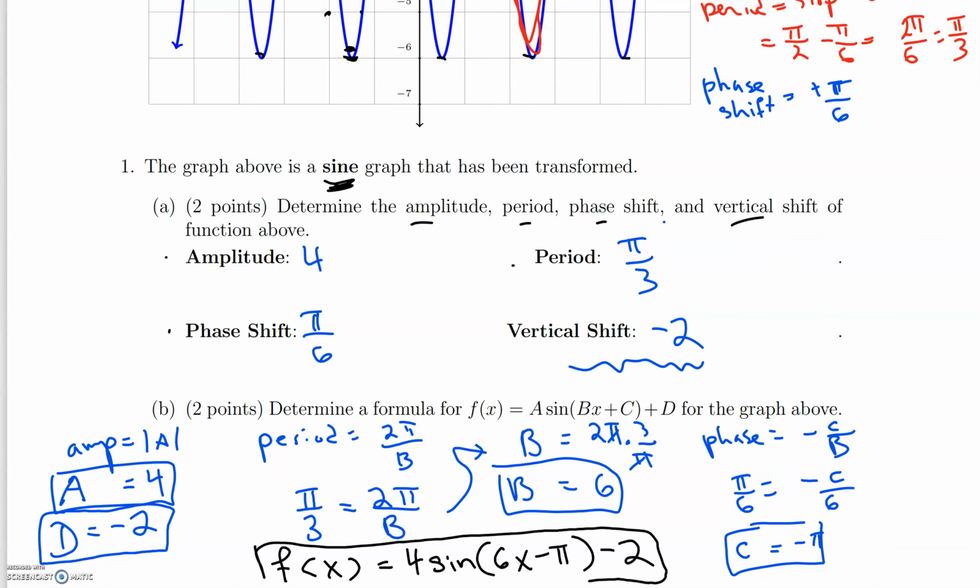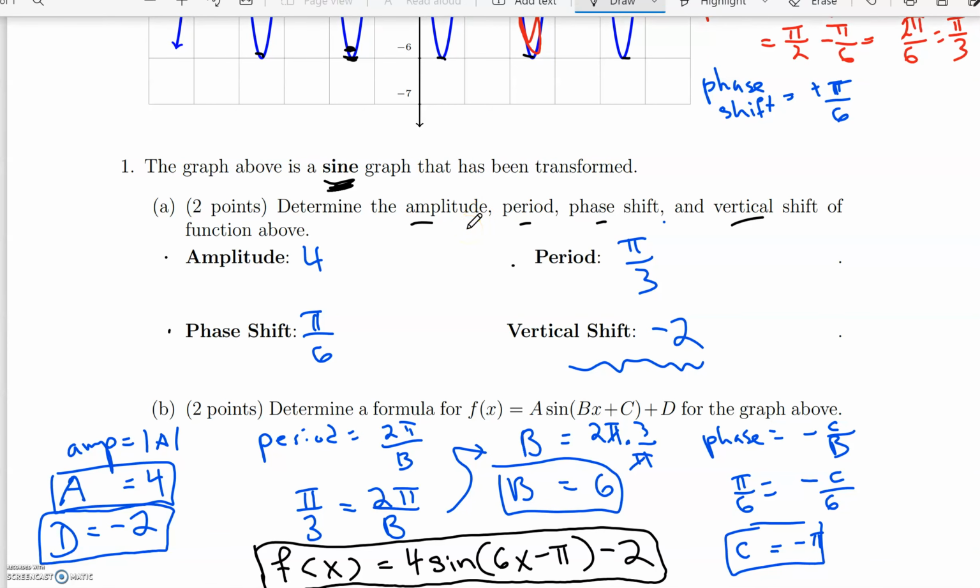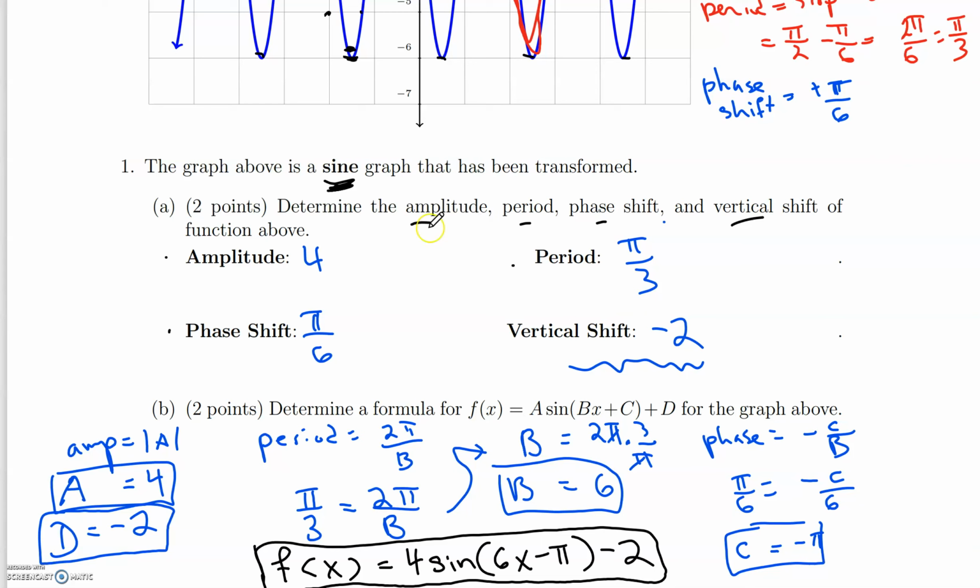As I said, there are alternative correct answers depending on what you chose as your cycle, but that is one correct answer. Okay, so that gives you an example of the other kind of problem in section 4.5, which is the constructing the formula problem, constructing the formula from the graph. Okay, I'm going to pause the video here.